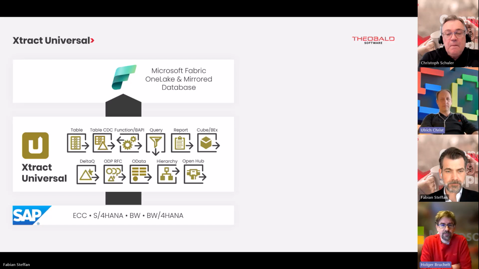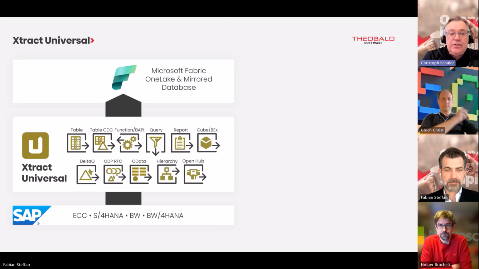And Extract Universal, is that an ABAP add-on, or where is it running? Extract Universal runs on a Windows machine, so it sits outside of the SAP environment. For some of the components that you see here, which are core to our solution, we call them extractors or connectors, the customer does need to import a transport, or some function modules on the SAP system.